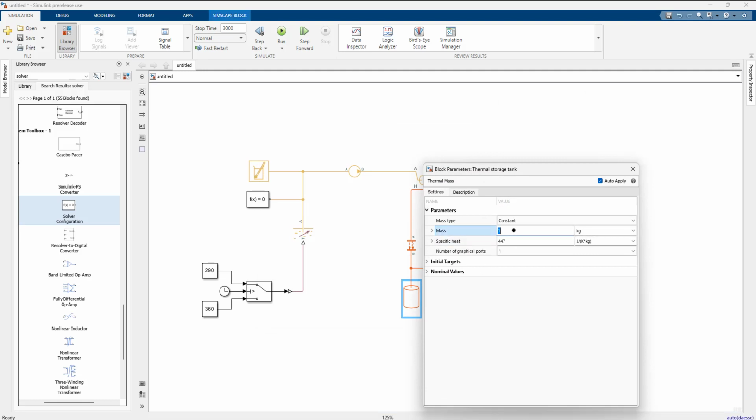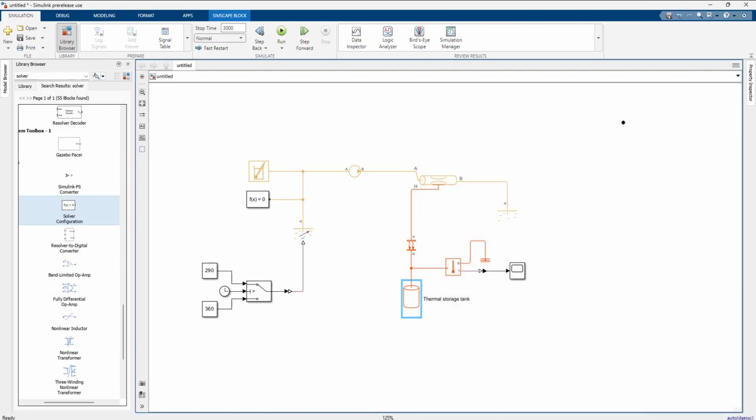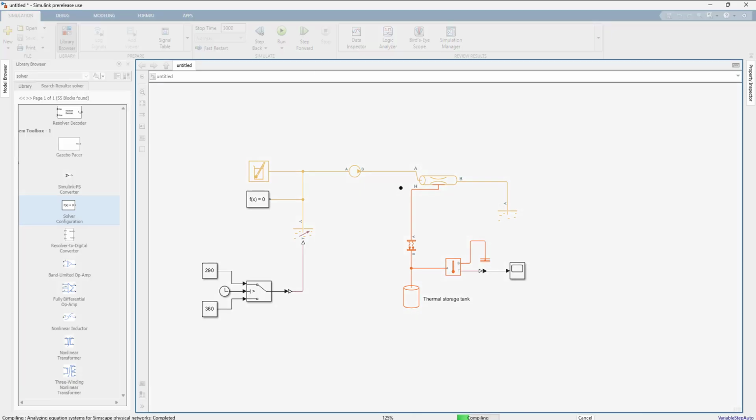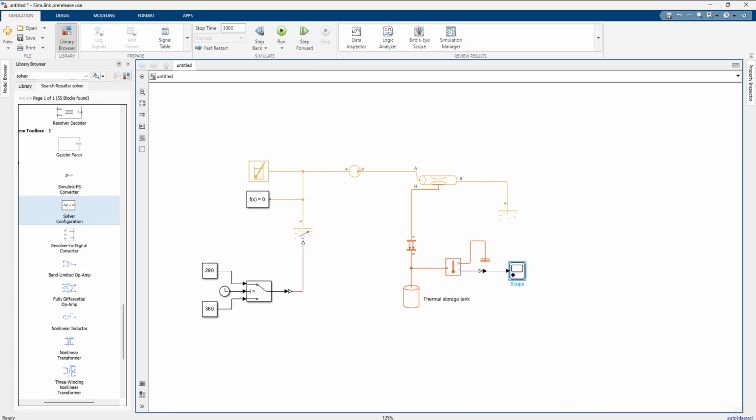Oh, I forgot to set a value for the tank. It's maybe 30 kilogram. This could be good. I just want to show you how you can simulate this system.